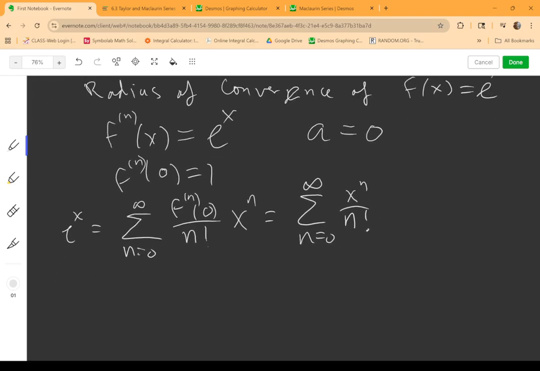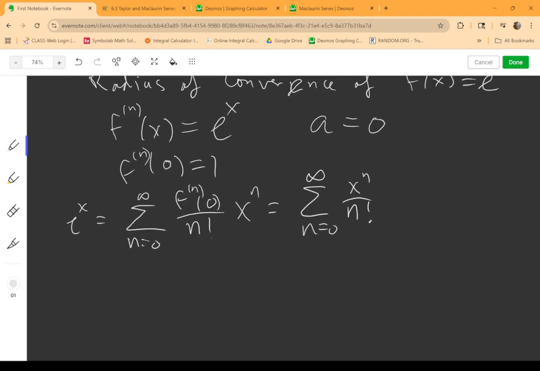All right, and now let's try to find the interval of convergence, or the radius of convergence, by applying the ratio test. So the limit as n goes to infinity of the absolute value of x to the n plus 1 over n plus 1 factorial, times n factorial over x to the n.